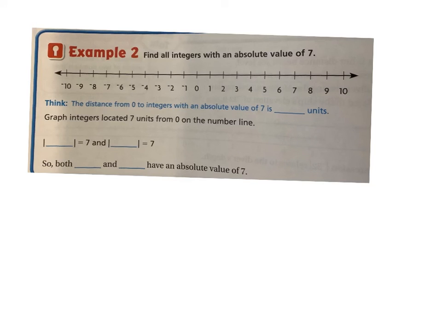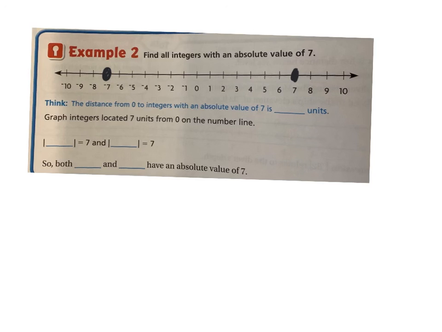The final example on this is they want us to find all integers that have an absolute value of 7. All integers that are 7 away from 0. Well, if I start at 0 and I go 7 away this way, there's 1. If I start at 0 and I go 7 away this way, there's another that's 7 away from 0.